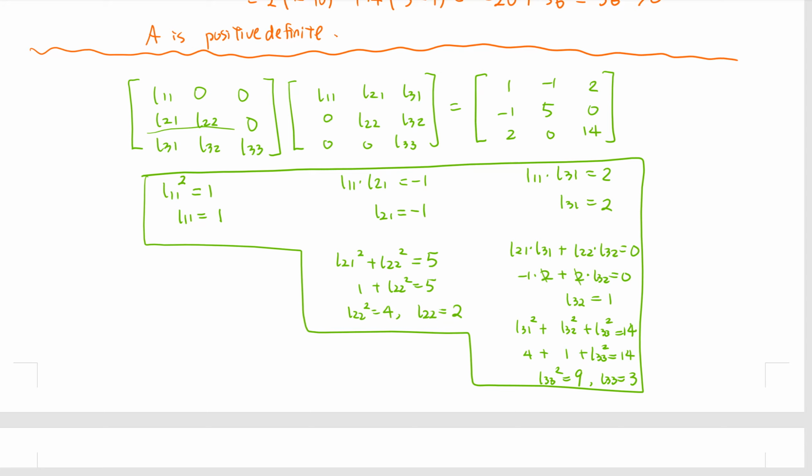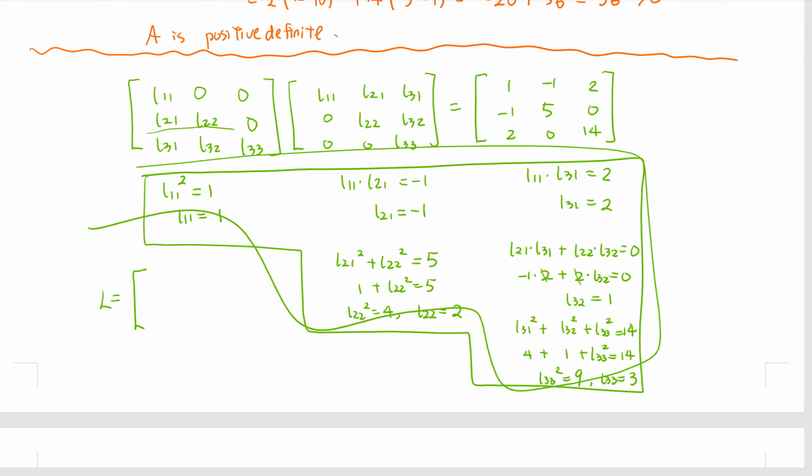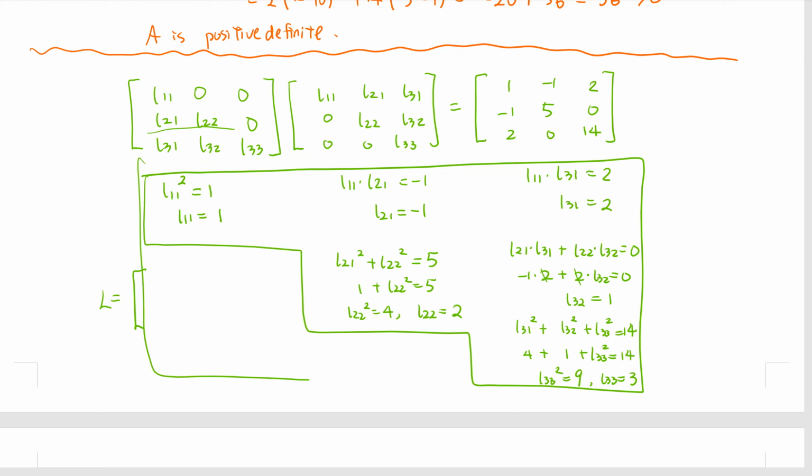Okay, so finally, what is L? A suggestion for you is that instead of calculating this whole box, it is better to calculate these positions, and then you can directly put those values inside the L. Now we can still get it: L11 is 1, L21 is actually here, L31 is actually here, and then these are 0.